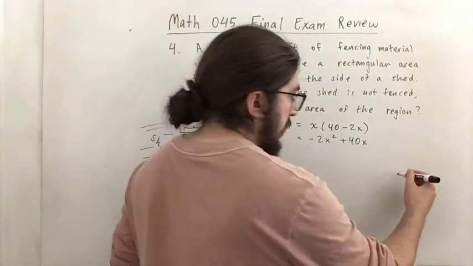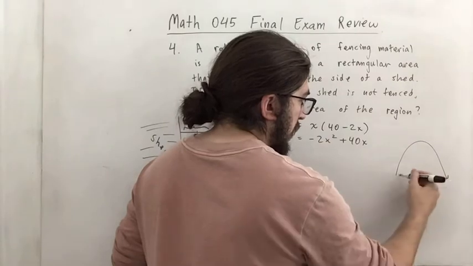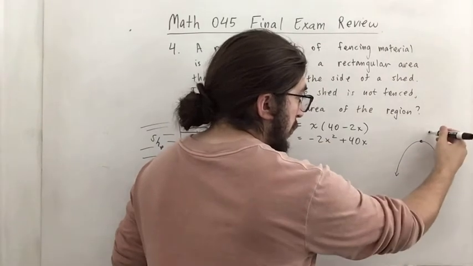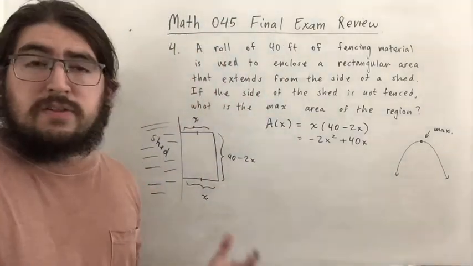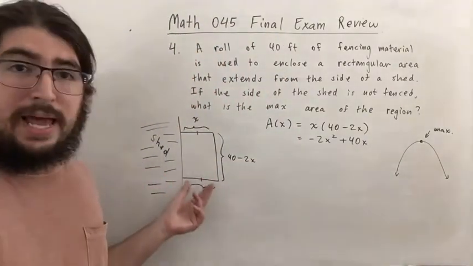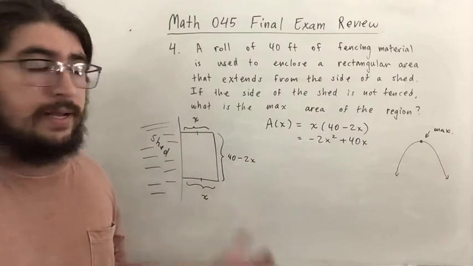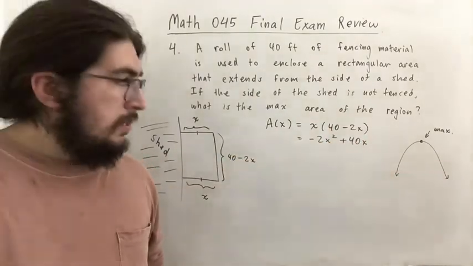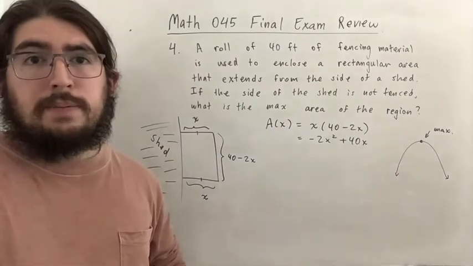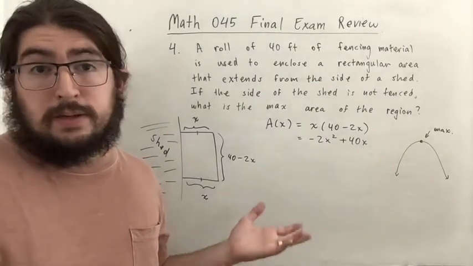So we know it's going to go down like this. That means there's a maximum point. The x value that corresponds to that would be the length x that corresponds to the maximum area. The y value of this point would correspond to the area itself. So we need to find the vertex of this parabola in order to find the maximum such area.